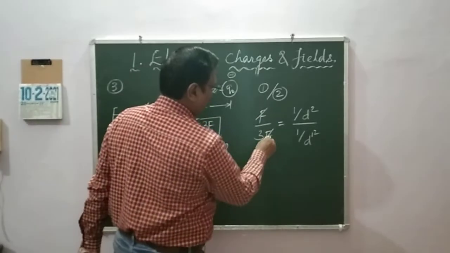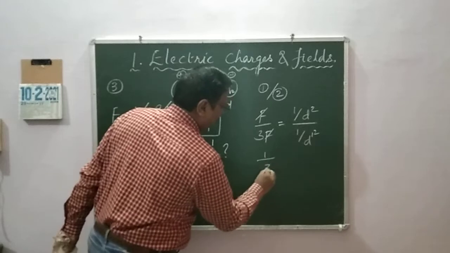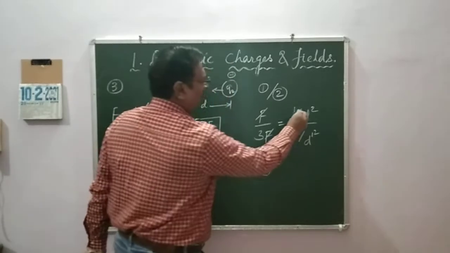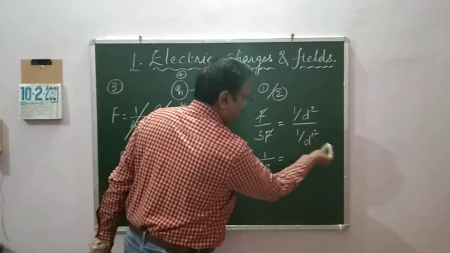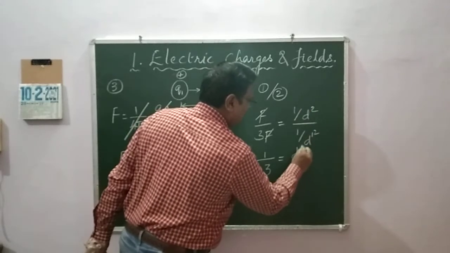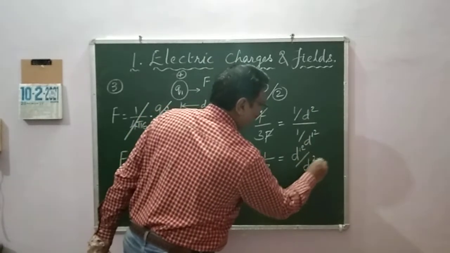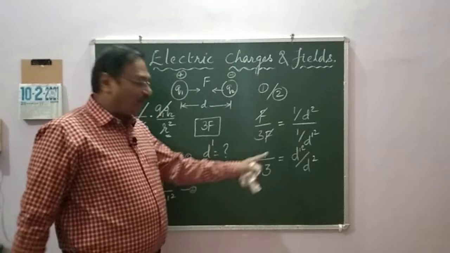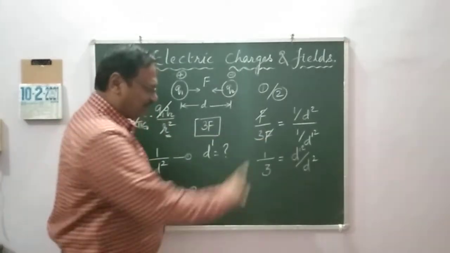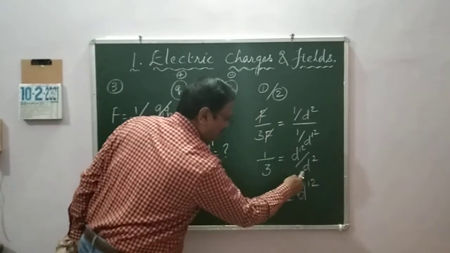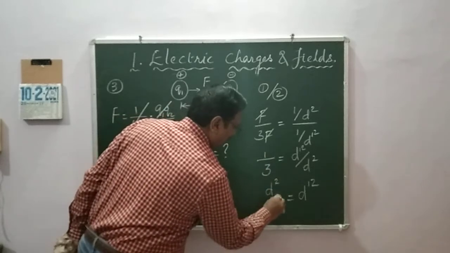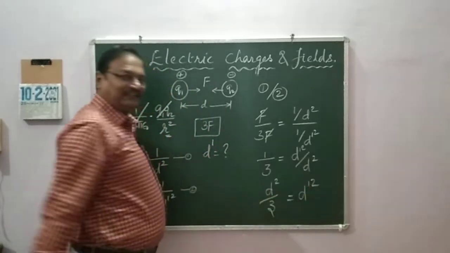So F gets cancelled, 1 upon 3 is equal to 1 upon d square comes down, 1 upon d dash square goes up, so d dash square upon d square. So what do I want? D dash square. You see what I am doing here? D dash square is equal to, I bring this up here, d square upon 3.